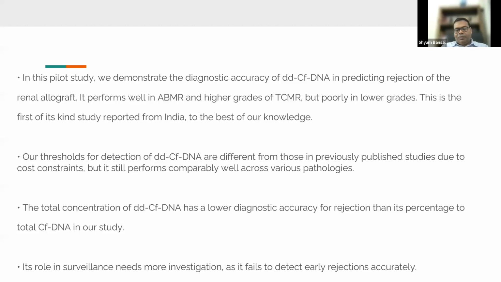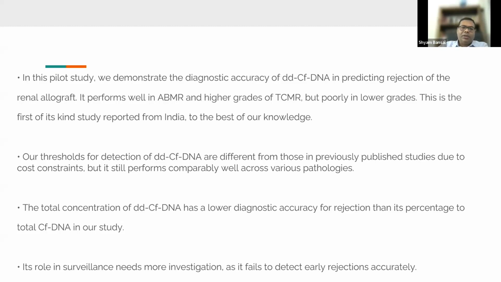And second, how are you going to treat, even if you have a higher range of 0.5 or 1, without actually knowing what is going on inside the kidney, what is the chronicity, what is the activity, whether it is T cell mediated or antibody mediated rejection. So those are the important questions.